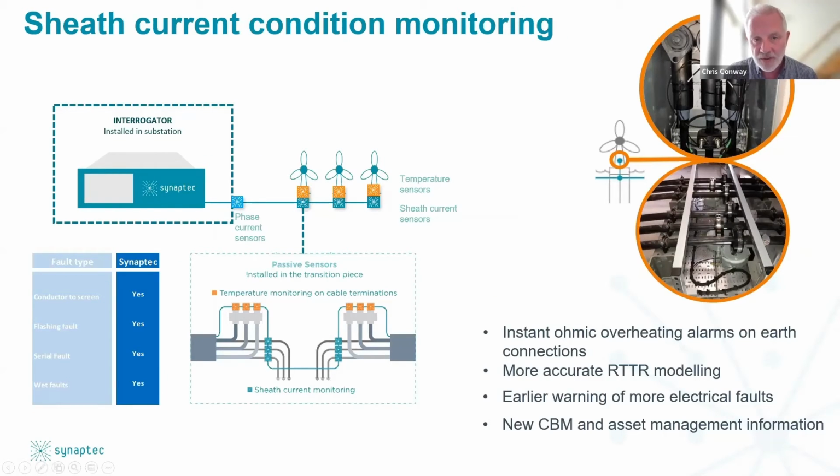Another application that we're looking at here is sheath current monitoring. In addition to termination monitoring, we could also provide additional sensors on cable screens. The concept is that by continually comparing sheath currents between phases in relation to phase current across the entire circuit, we can detect anomalies and changes over time.